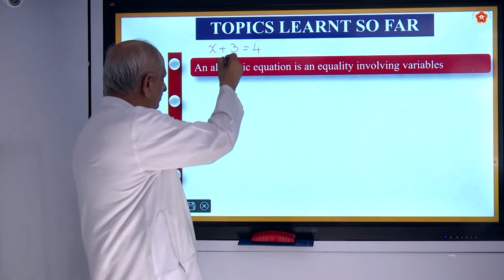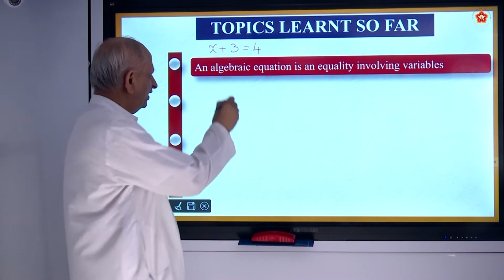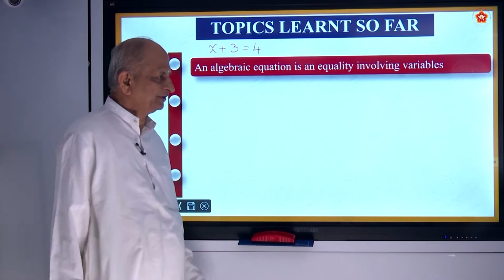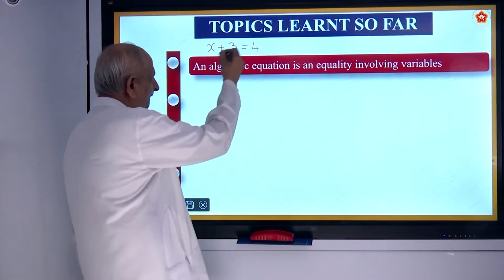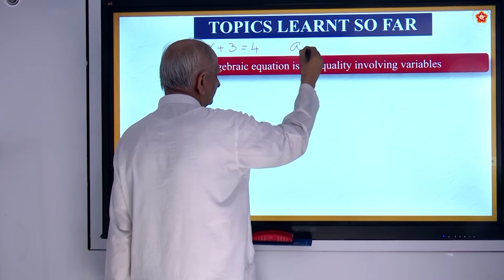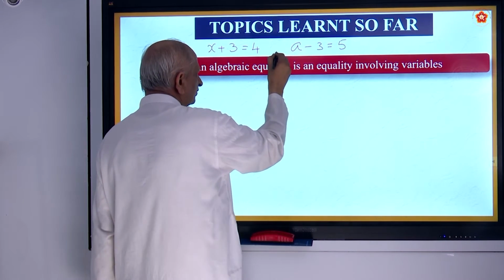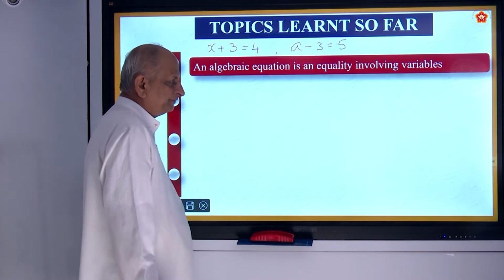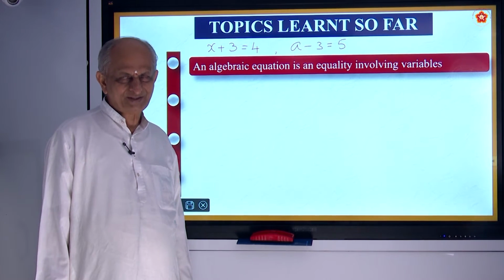This is called a linear equation, or also called an algebraic equation, because there is an algebraic term here, x. It may be plus also, it may be minus also. So these are called algebraic terms.